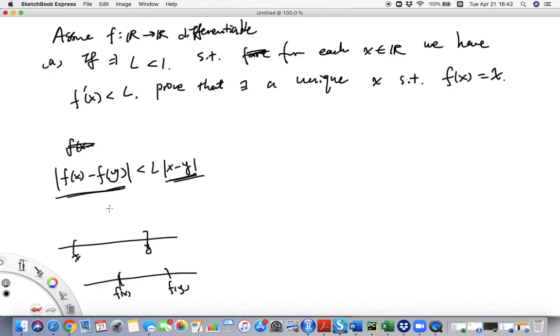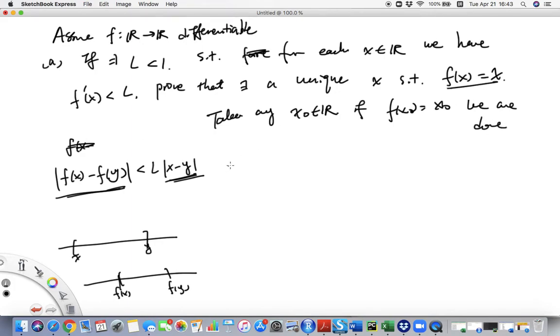So how do we prove that rigorously? Take any x0 in R. If f of x0 is equal to x0, then we are done, because we found a fixed point. If not, suppose f of x0 is greater than x0.